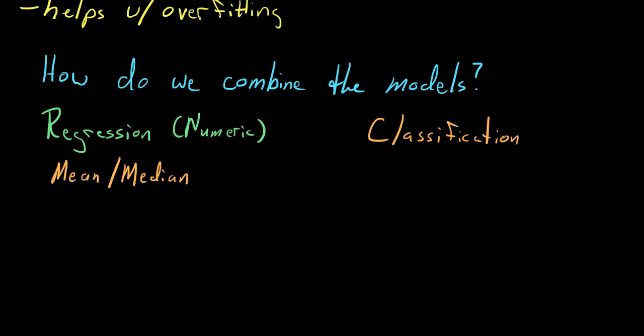With classification, what we do is we do something called majority voting. And you can kind of see why, why would we do that, right?